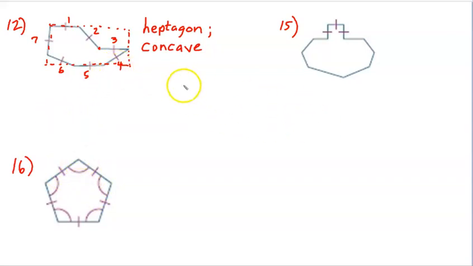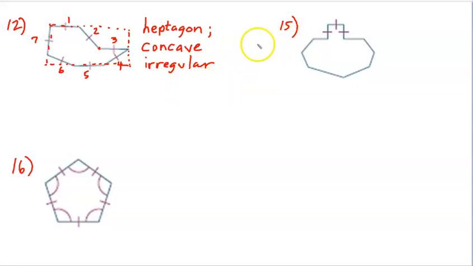All right, so we've taken care of the number of sides and convex versus concave. And now let's do regular or irregular. Well, it is concave, so it cannot be regular. And so we're going to call this irregular. And there's our answer for number 12.